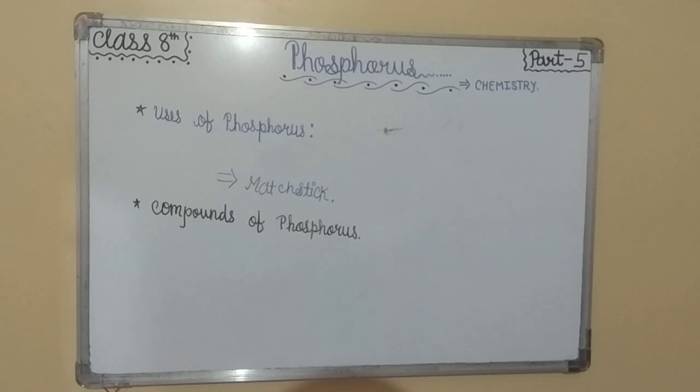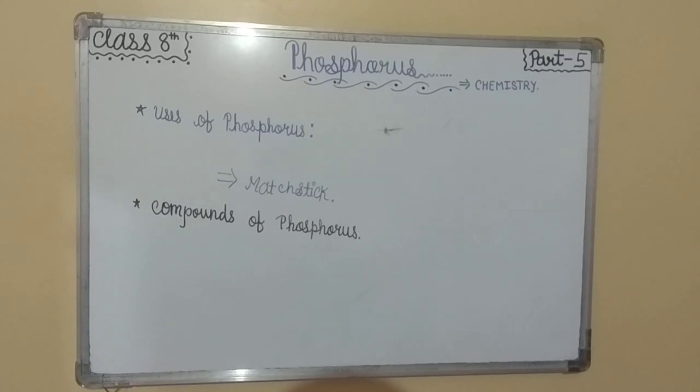The preparation: phosphorus when burnt in air or oxygen catches fire and forms dense white fumes of phosphorus pentoxide. The reaction formed is 4P plus 5O2 gives 2P2O5.